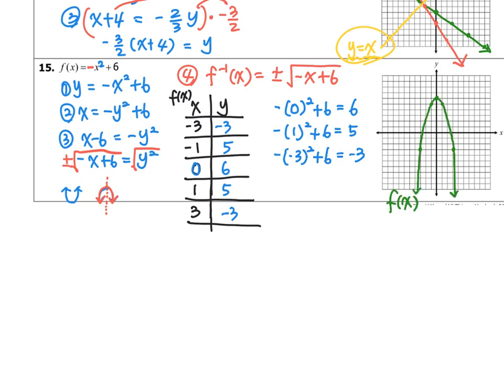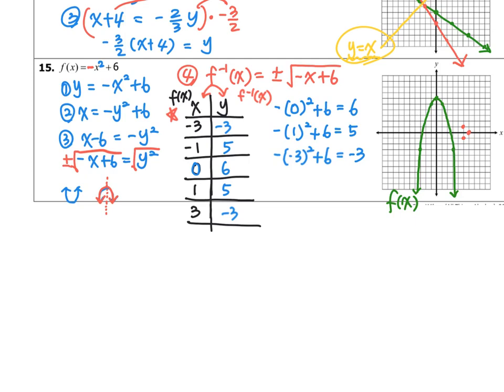For the graph of the inverse function, we're using the same table. However, our x and y values will be switched. So when x is 6, y will be 0. When x is 5, y will be -1 and also +1.